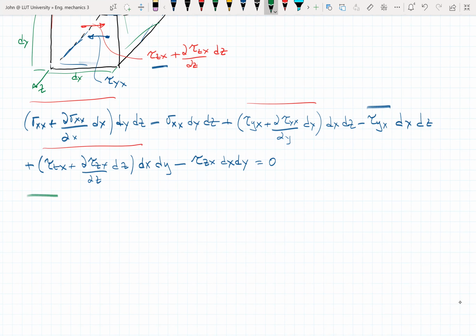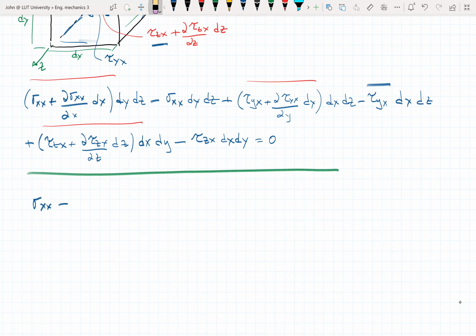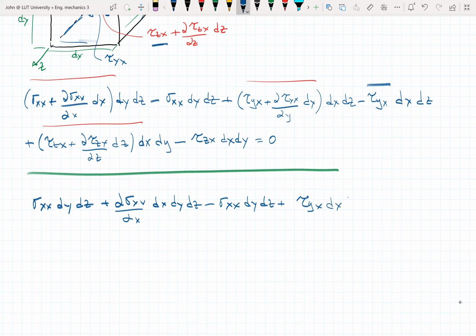I'm going to have sigma x times dy dz plus the variation, which is represented by this term here, dx dy dz, minus sigma x dy dz, plus tau yx dx dz, plus the variation of tau yx divided by partial y. Let me write it better because it is confusing.